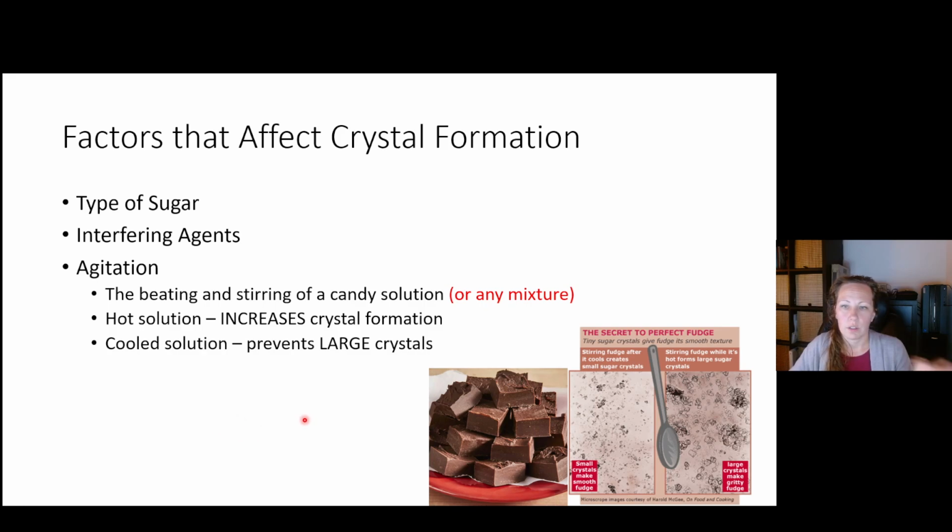What I mean by that is if we're waiting until it's cooled to stir, we are going to create more sugar nuclei, those sugar seeds, through that agitation. And the reason we'll do that is that it controls the crystallization process. There are more nuclei, but because it's cooled and because it is more viscous, more thick, only so much sugar is actually going to be able to crystallize.